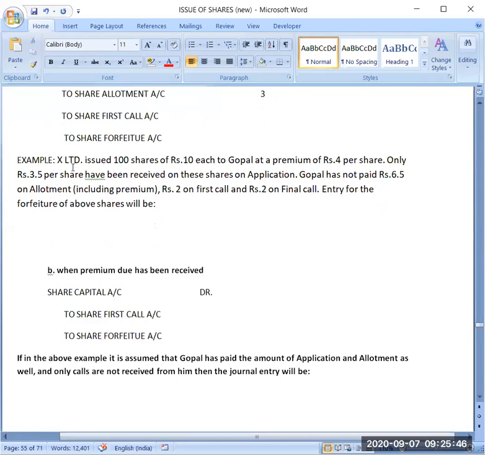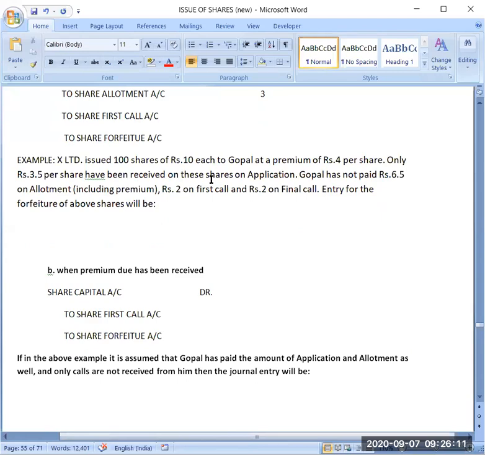X Limited issued 100 shares of ₹10 each to Gopal at a premium of ₹4 per share. Only ₹3.5 per share has been received on these shares on application. So he has paid you only ₹3.5 per share on application.